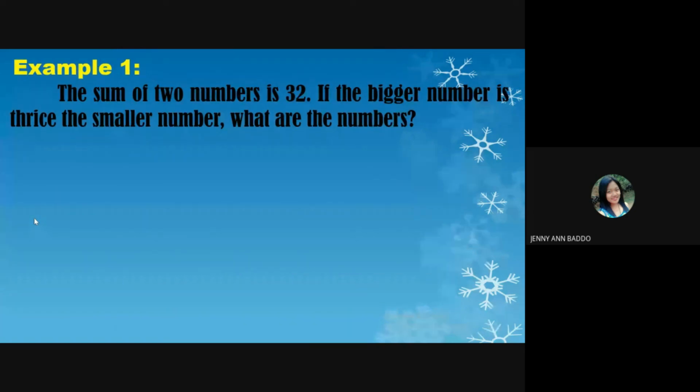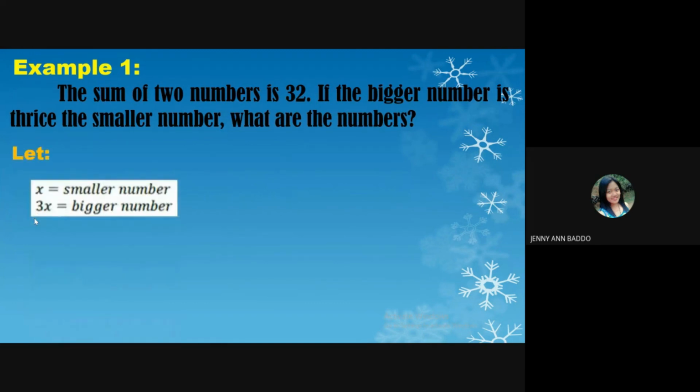In solving number problems, we must also do what we have done in solving age problems, which is letting variables to the given. Since there are two numbers and the last mentioned number is the smaller number, therefore it's the variable x. Now, for the bigger number, it says it is thrice the smaller number. And thrice means 3 times.